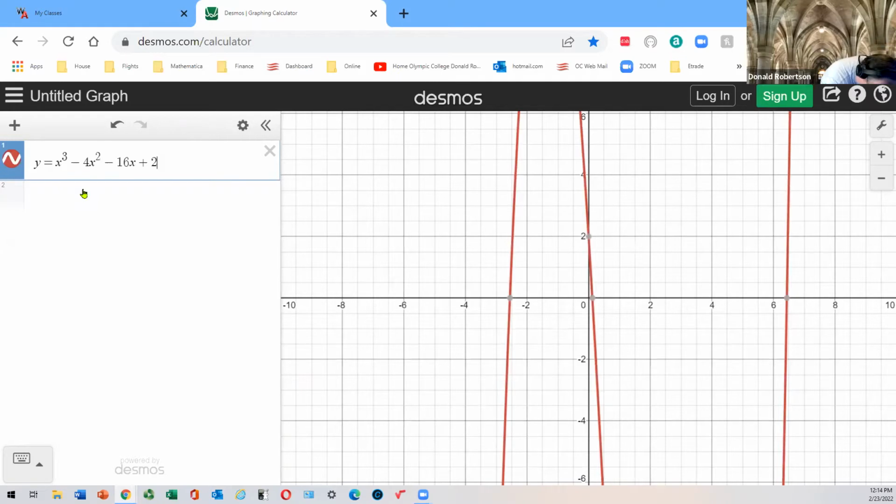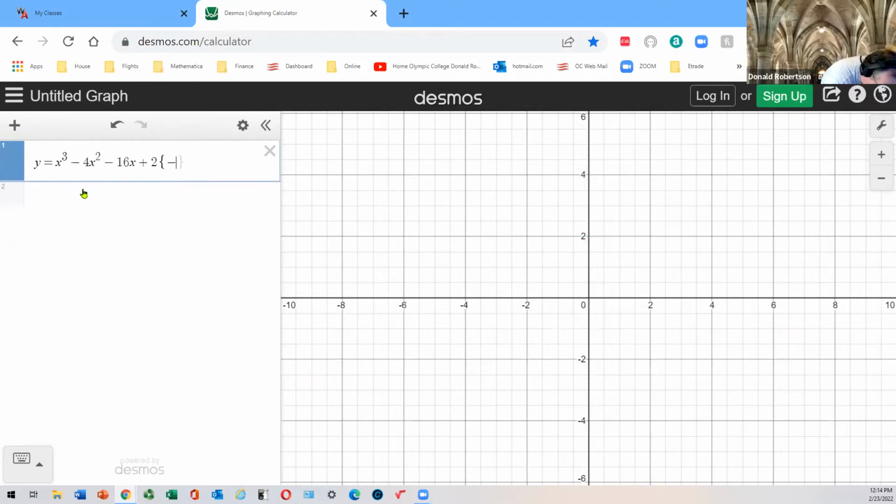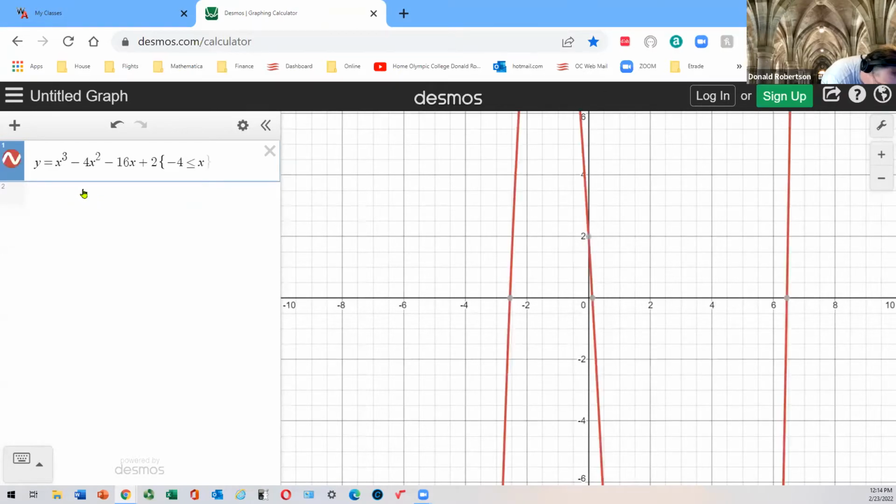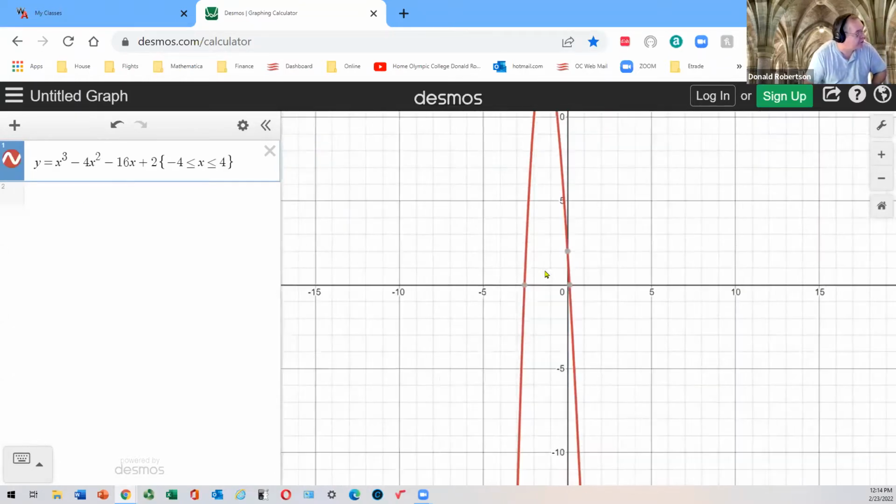We're only interested in x between negative 4 and 4, so I'm going to go negative 4 less than or equal to x less than or equal to 4.